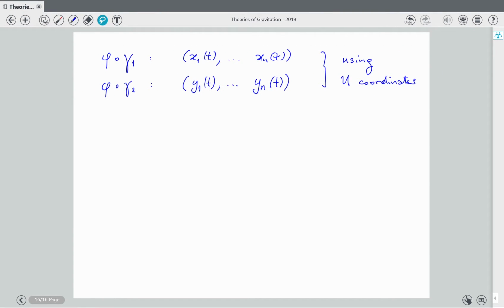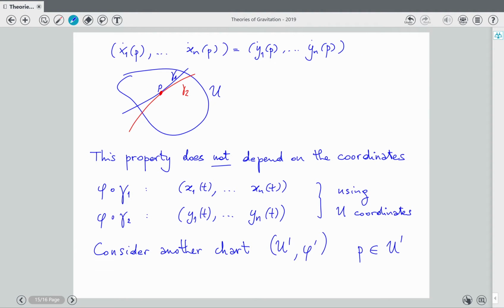So we put primes. This is phi prime, x prime, using u prime coordinates.